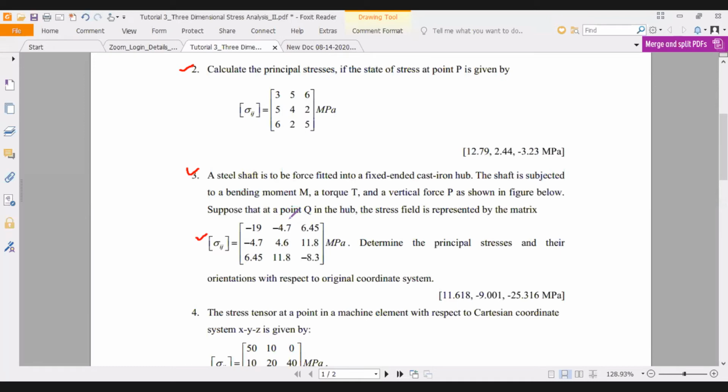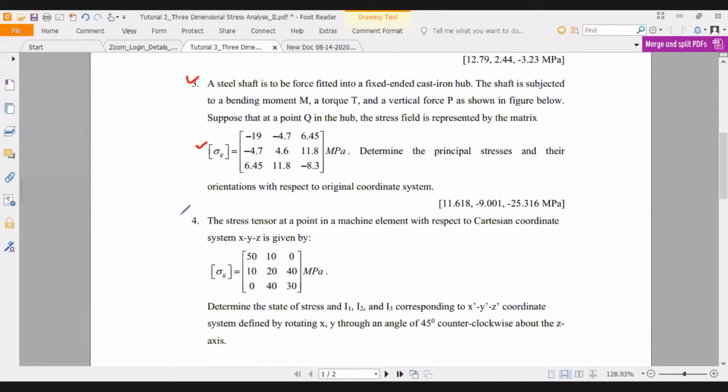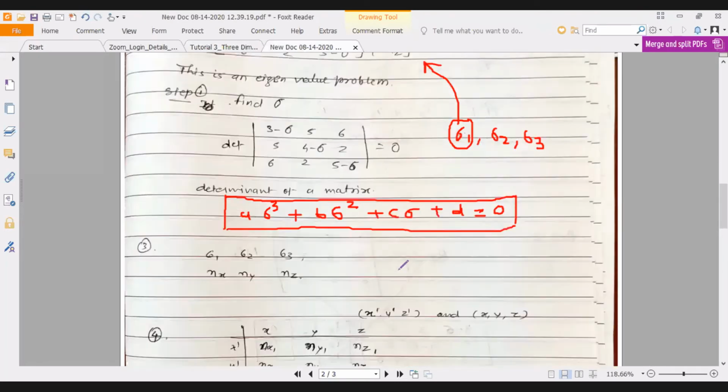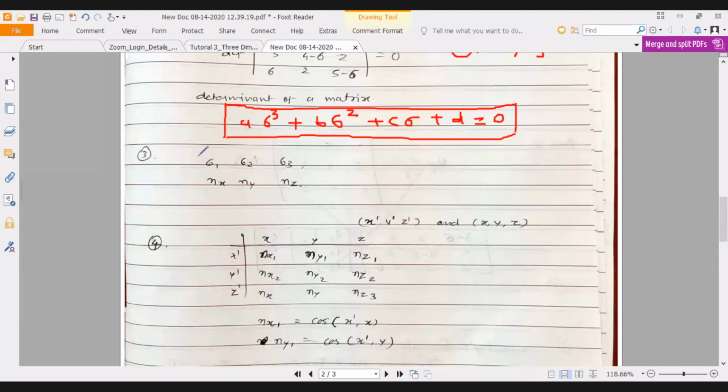Okay, so now what is there in question number 4? So question number 3, nothing is there. You need to calculate sigma 1, sigma 2 and sigma 3, and for each principal stress, you need to calculate the direction quotients nx, ny and nz.